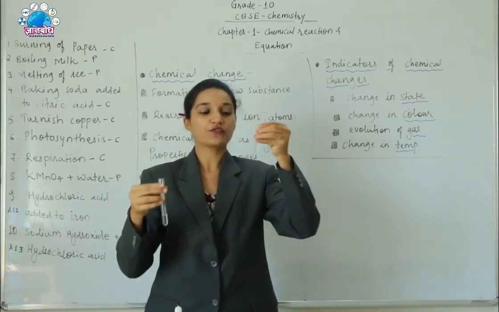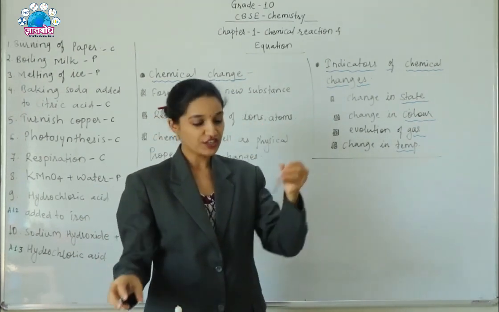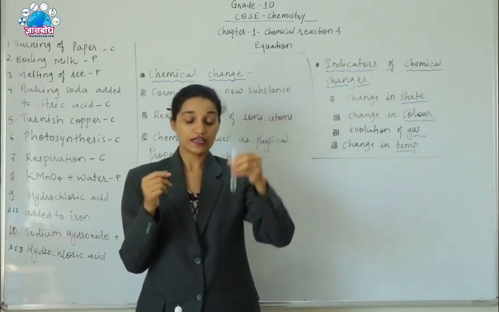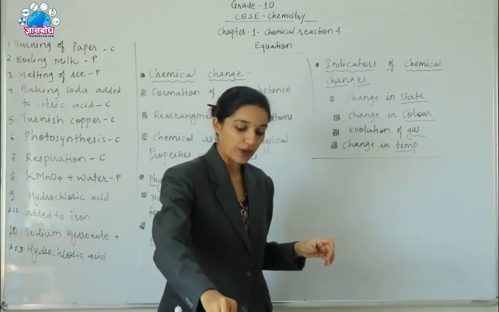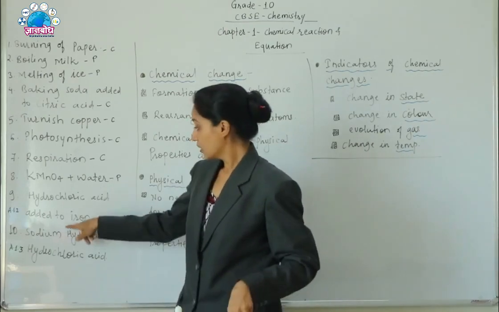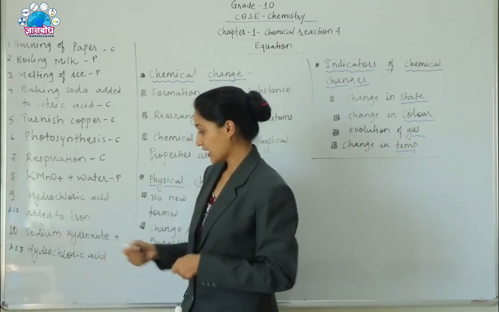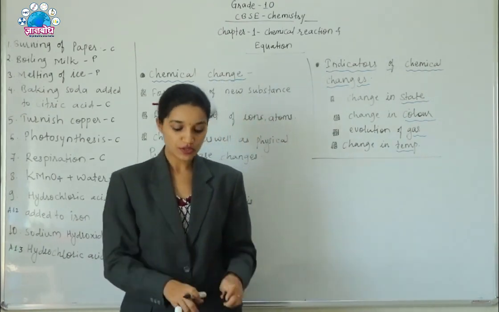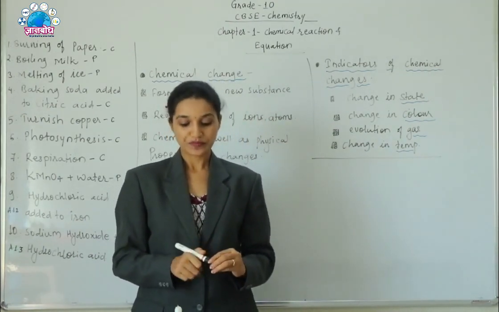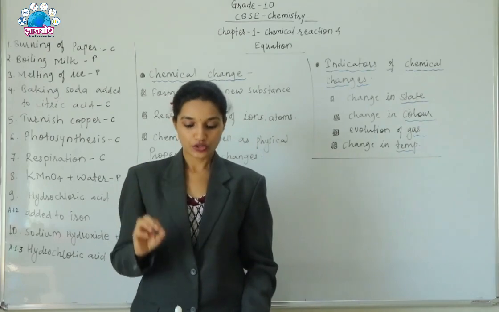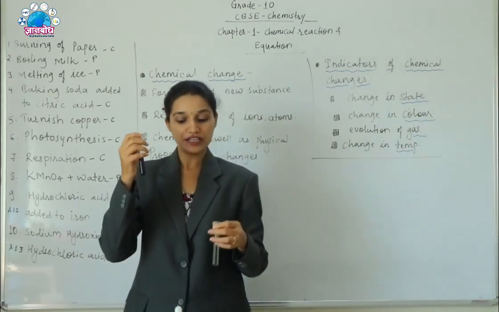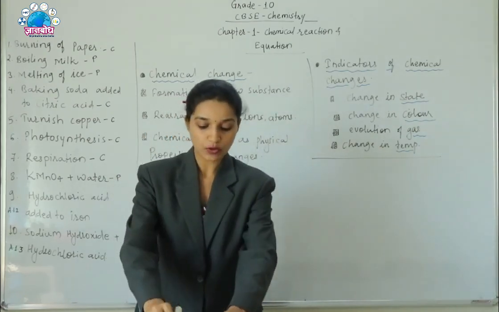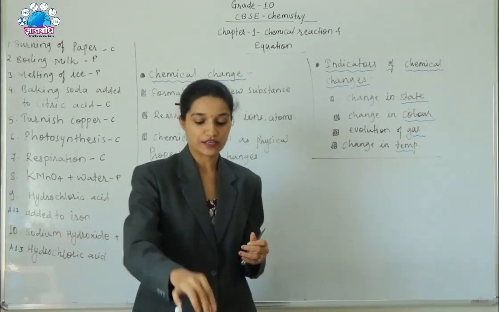Now you will not find any such change here because both are colorless solutions. But when sodium hydroxide and hydrochloric acid react with each other, it becomes a neutral solution. Now I have one indicator with me. So we will see how to understand what is actually happening.